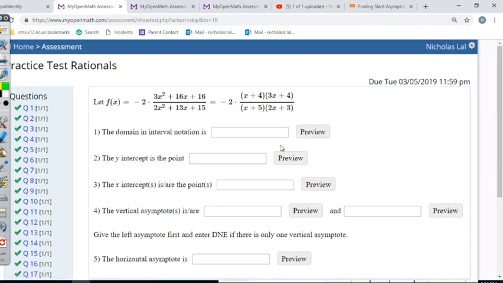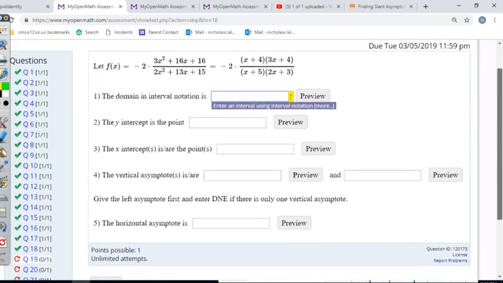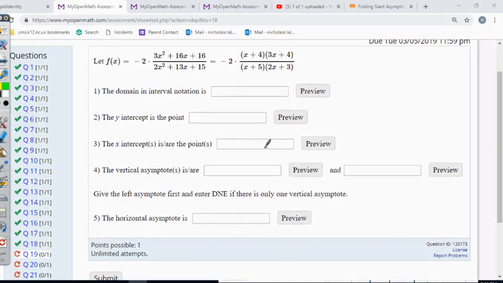Question 19. The domain is, well, let's look at our restrictions here. Vertical asymptotes, nothing cancels out here. So you have x plus 5 equals 0, x is equal to negative 5.